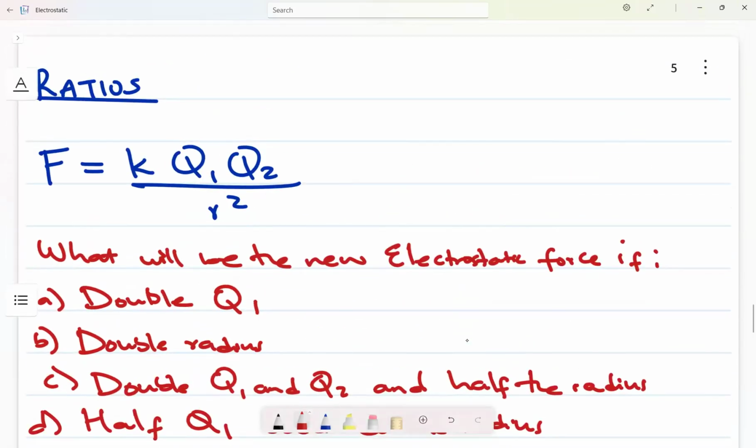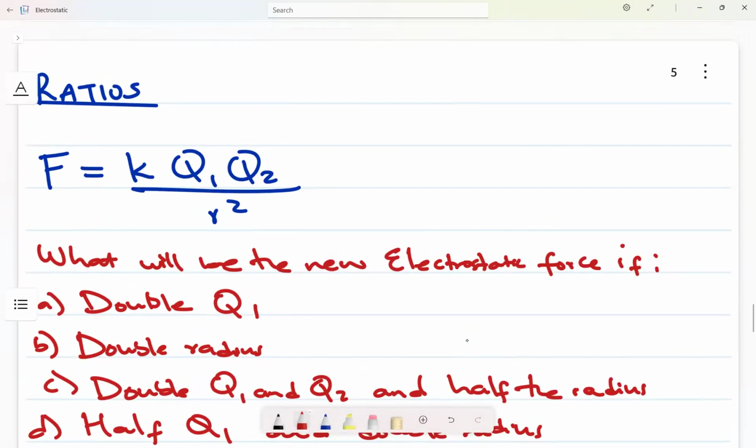Now let's consider number A first. What will be the new force? Remember, the original force is F. So we want to know if the new force will be 1 over 4F, 1 over 2F.